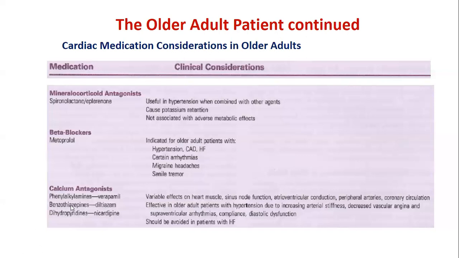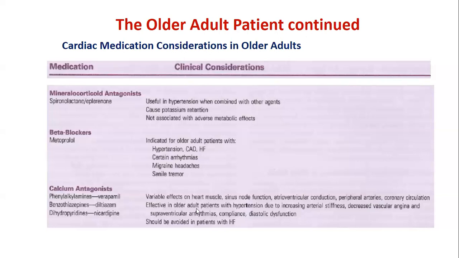So there are some example names here: verapamil, diltiazem, and also nifedipine. They have variable effects on the heart muscle, sinus nodal function, atrioventricular conduction, peripheral arteries, and coronary circulation.